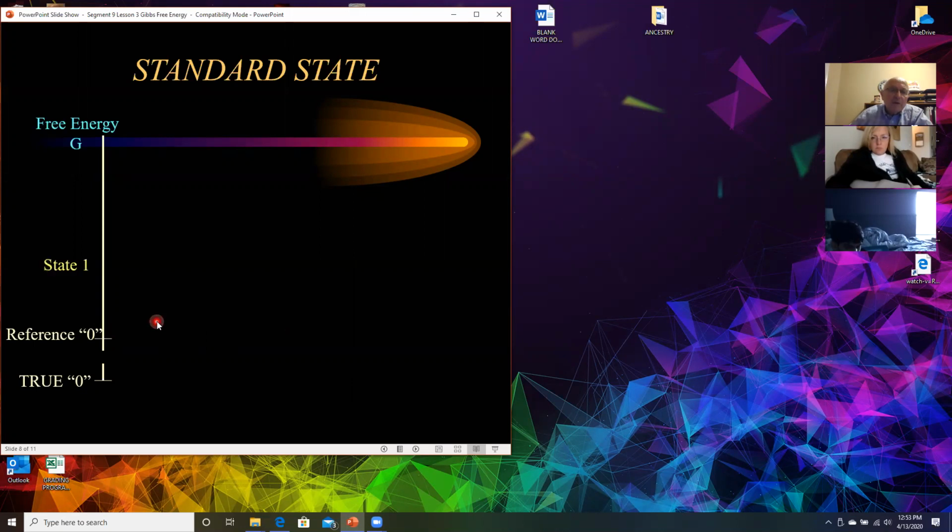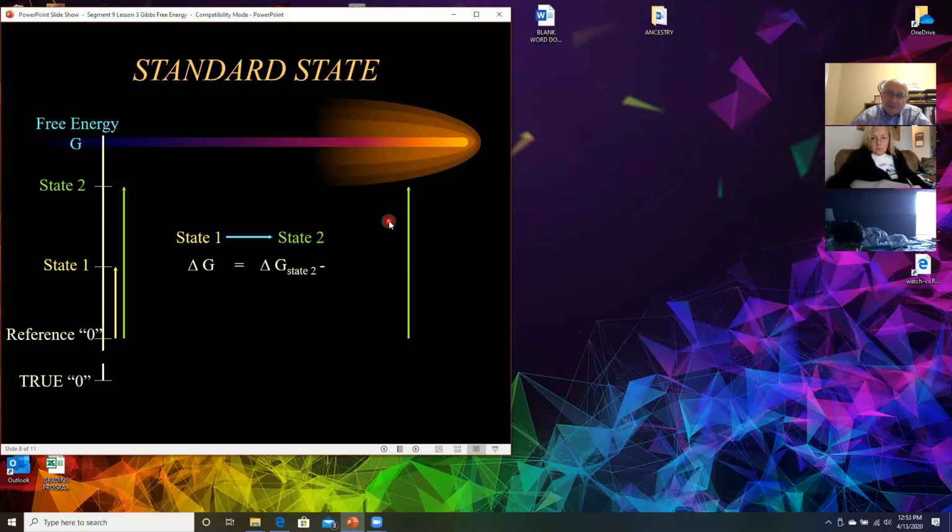Okay, so if I go from this new reference state up to state 1, it's that far. If I go from this new reference state up to state 2, it's that far. And then if I go from state 1 to state 2, I'm going to take the difference to state 2, and this is the value at state 1. If I subtract them off, you see I get the same difference.